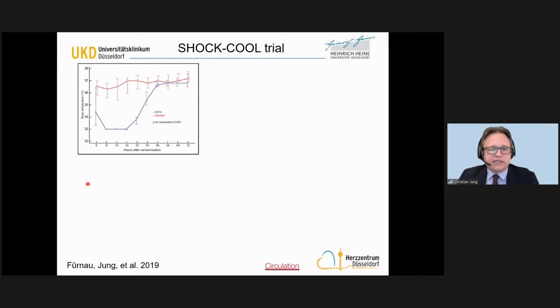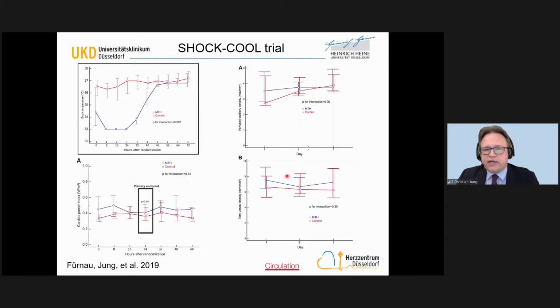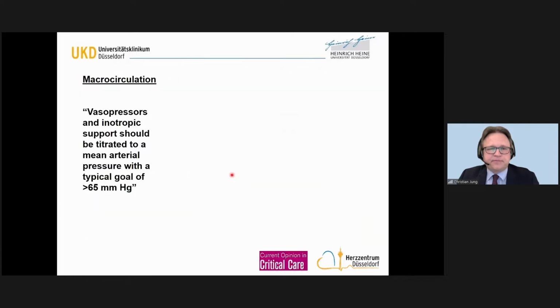We did a clinical study using therapeutic hypothermia in cardiogenic shock patients, which was a neutral study, but we assessed the effects of hypothermia in a randomized controlled trial on hemodynamics in the macrocirculation, for example, using the cardiac power index as the primary endpoint, but we also used microcirculatory parameters as endpoint in this clinical study.